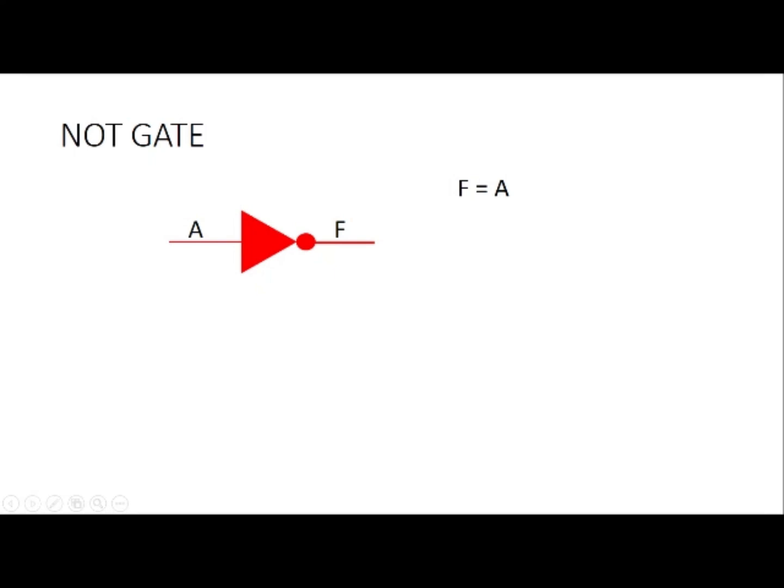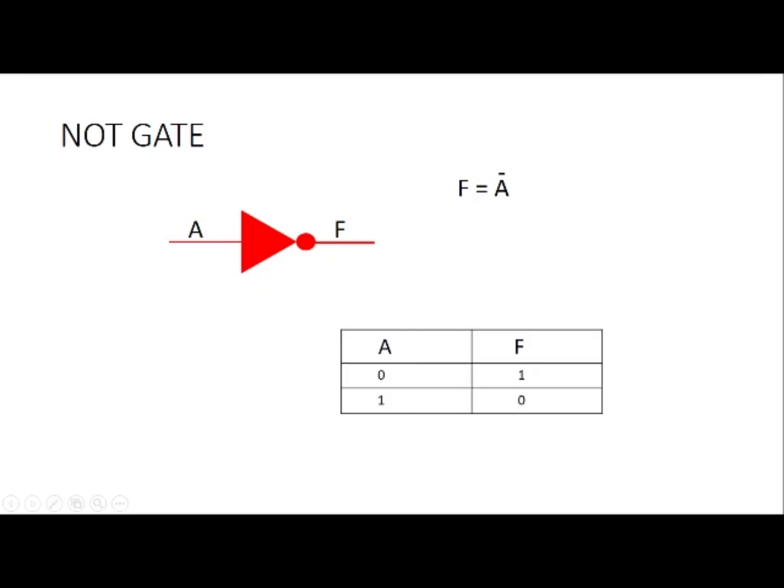So this will be the Boolean expression: F equals A complement, or you can say A bar. F equals A bar or A complement, which means it will be the opposite of the input. This will be the truth table of the NOT gate. 2 to the power 1 equals 2, so 2 rows.